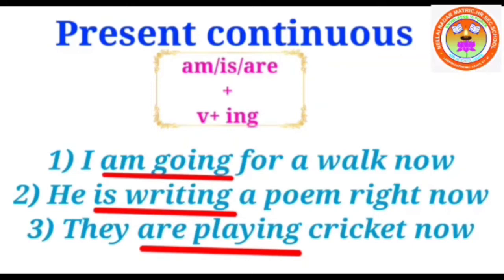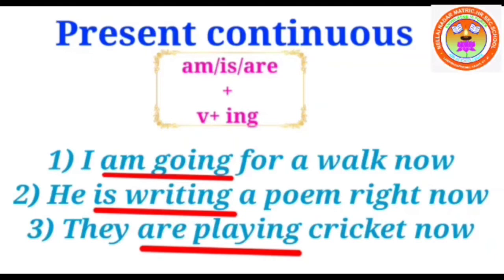Am going is the verb. Am is present because it is a present be form verb. Going, ing verb form, continuous. So we get present continuous. The second example is, he is writing a poem now. Here look at the verb. Is denotes present, writing is the ing verb form.